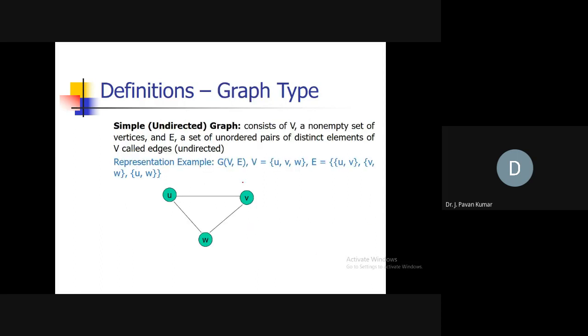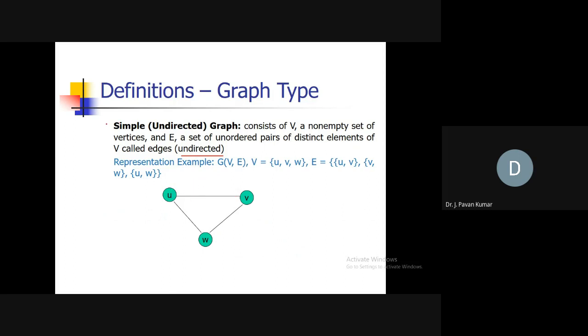Next, a simple graph is one where we will not be having any self loops and we will not be having any multiple edges. Such kind of graph we call a simple graph. In general it is an undirected graph, and we will not be having any multiple edges. From u to v there should exist only one edge. Similarly, self loops are also not allowed.